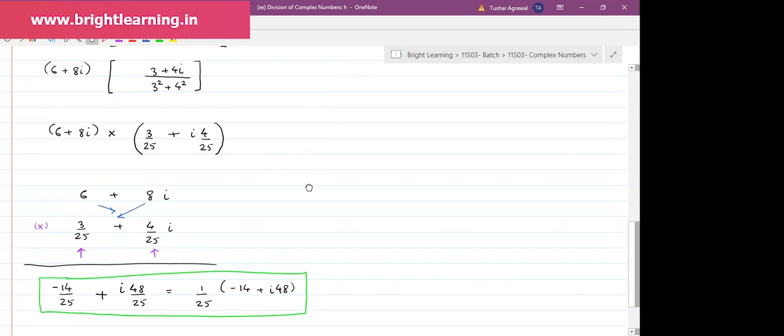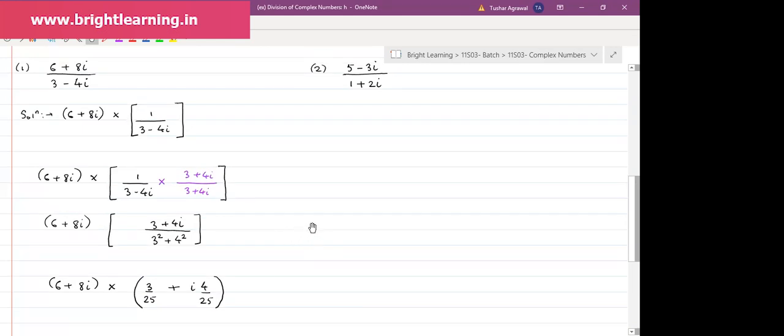Do the second question. The second question, division, I have given: 5 minus 3i, 1 plus 2i. Quickly.